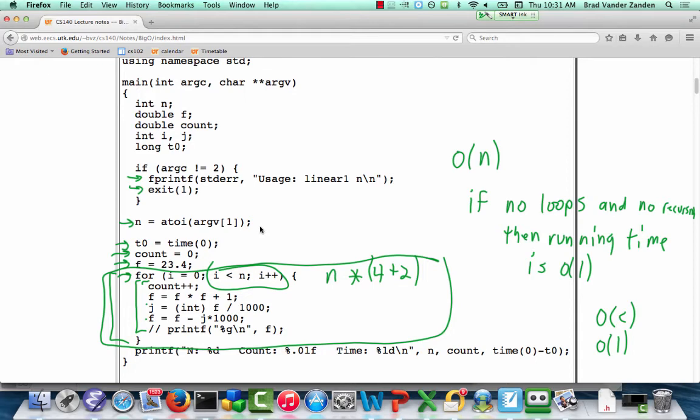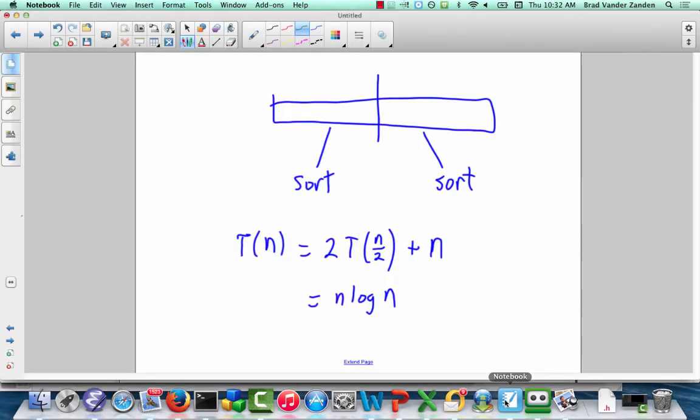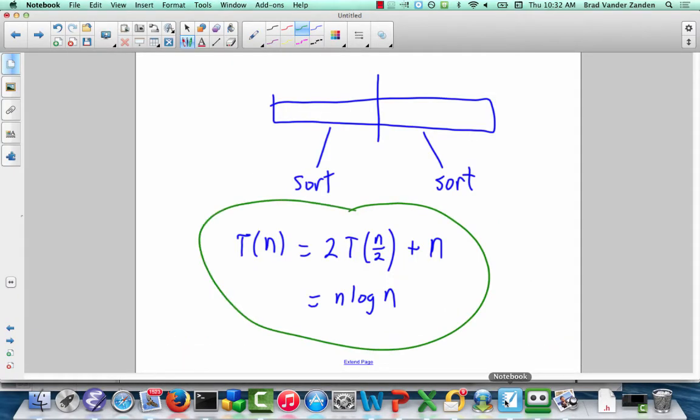Okay, so really what we do is we're just looking at the running times of the loops and of recursion. We have to look at recursion. When I talked about this kind of recurrence relation, it comes about through recursion.